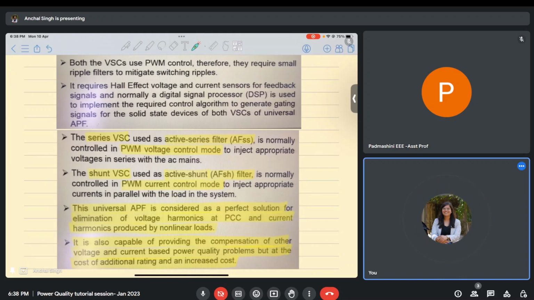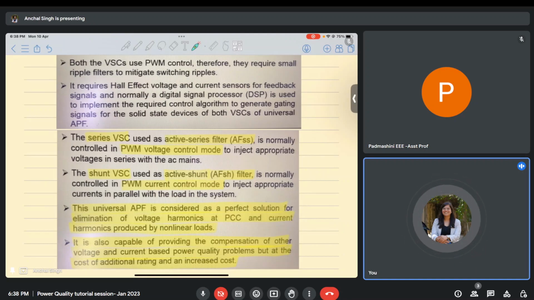Whereas the shunt voltage source converter, or the active shunt filter, we will be using pulse width modulation in current control mode, because when we are connecting in shunt, we want to control the current that is flowing into the system or at the point of common coupling.